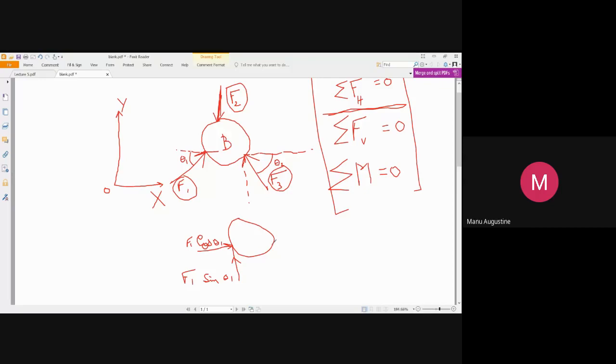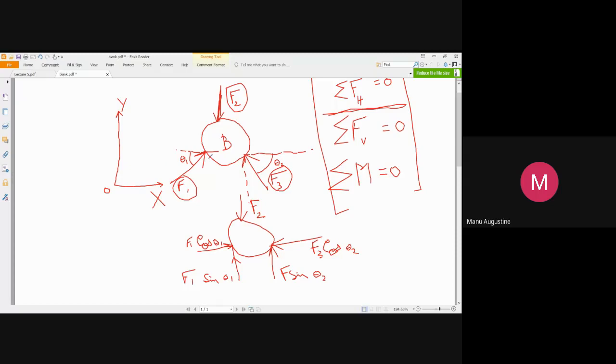So once again, F3 can be resolved as F3 sin theta 2 vertical and F3 cos theta 2 horizontal. F2 is acting purely vertically downwards, so there is no need to resolve F2.